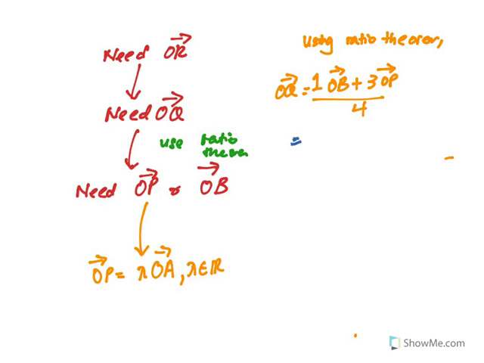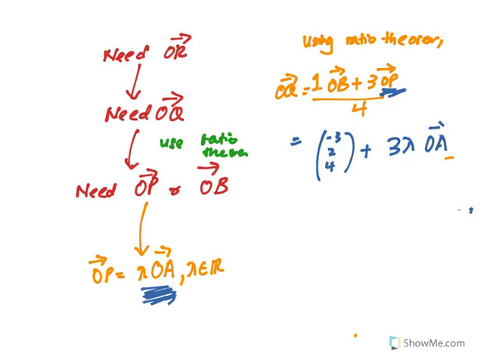Okay, OB is given as -3, 2, 4. OP, as we know, is just 3 of lambda OA. OA is 1, 3, -4.